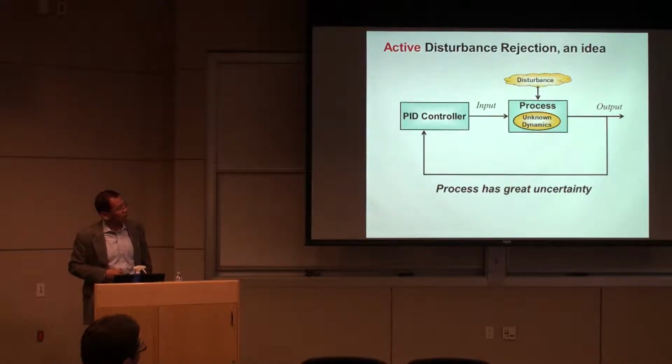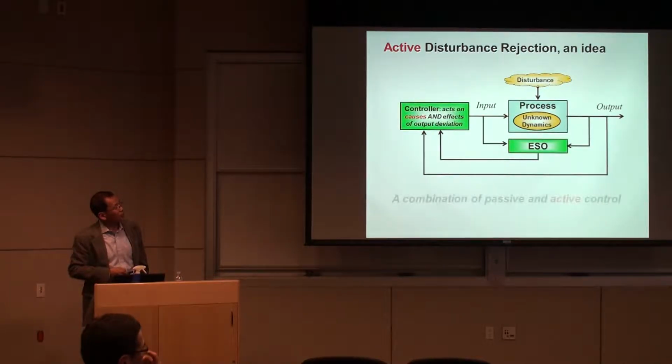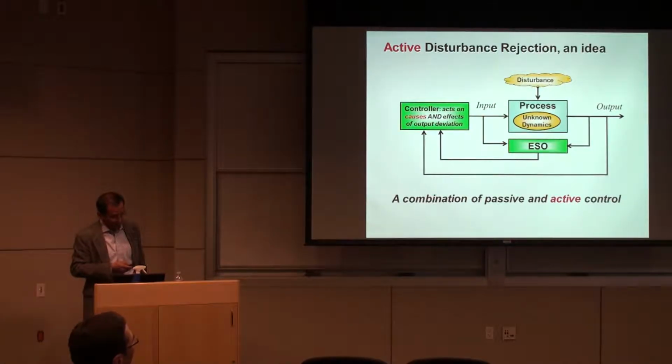A single PID controller is inadequate to handle them. So what we're saying is we can give you some help. From the input and output data, a state observer, we call it the extended state observer, I'll tell you why, can extract the disturbance information, or the information about uncertainty, in real time. And the controller now has two signals to work with instead of one. And so any improvement we obtain is because we are using more information, because our controller has more information than before.